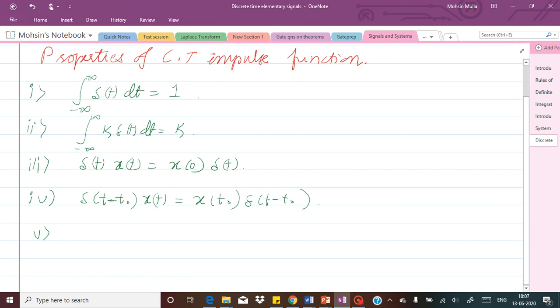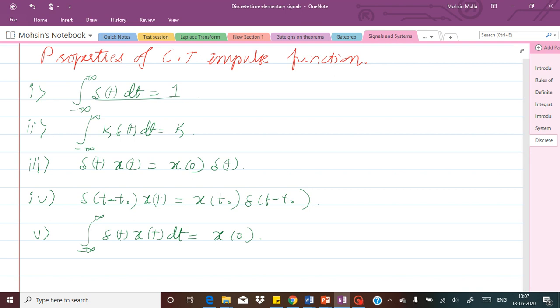The fifth property is that if integration is evaluated for the product of x of t and del of t dt, we obviously get x of 0, because we have already seen that del of t has unit area, so unit area into x of 0.